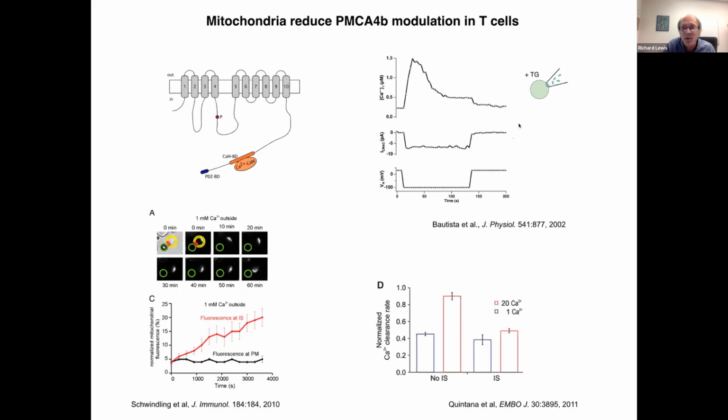And in this kind of situation, one can use voltage to create a constant inward current through open CRAC channels, and you can see that the cytoplasmic calcium increases, but then decreases as the pump becomes modulated and increases its activity. And I didn't point this out before, but this just shows the localization over time of mitochondria towards the synapse in a T cell.